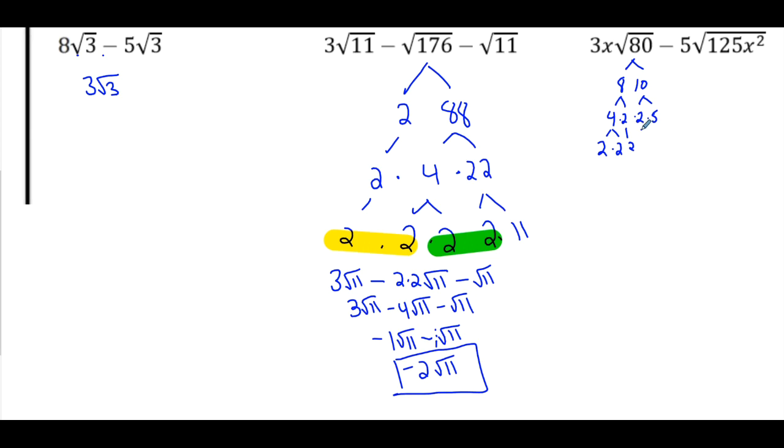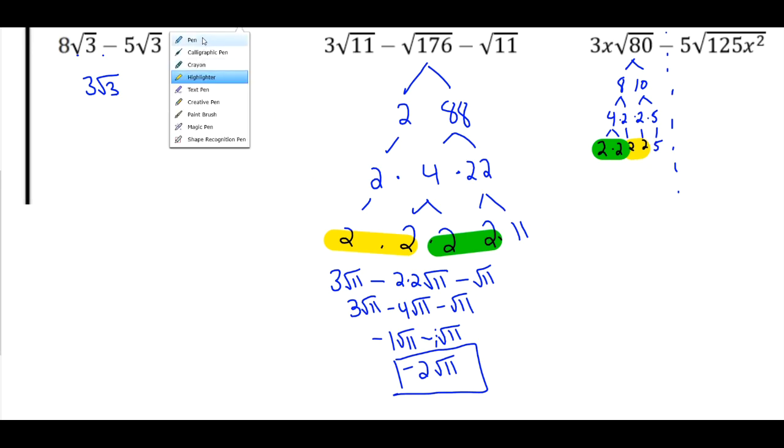And then I'm going to bring all these other 2's and 5's down, otherwise I lose track. I'm going to deal with this one first, and then I'll come over and do the other one separately. So let's see, I've got 1 pair of 2's and 2 pairs of 2's. And then I've got a 5 left behind.